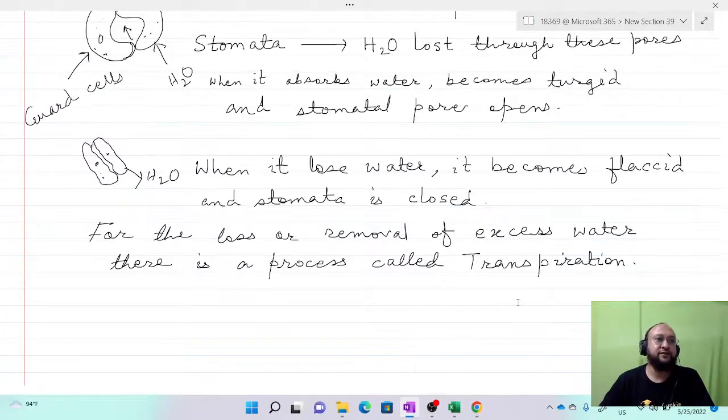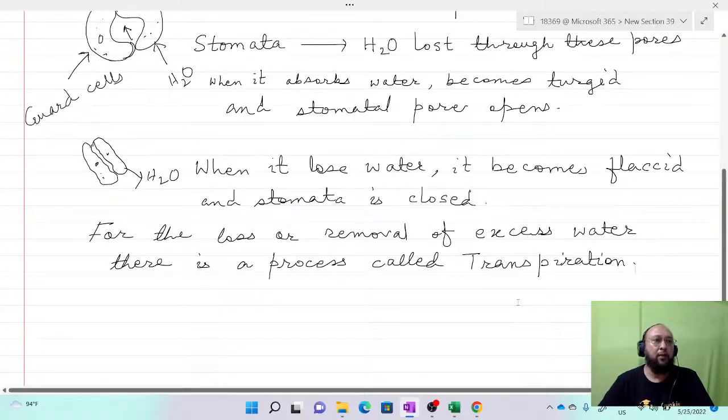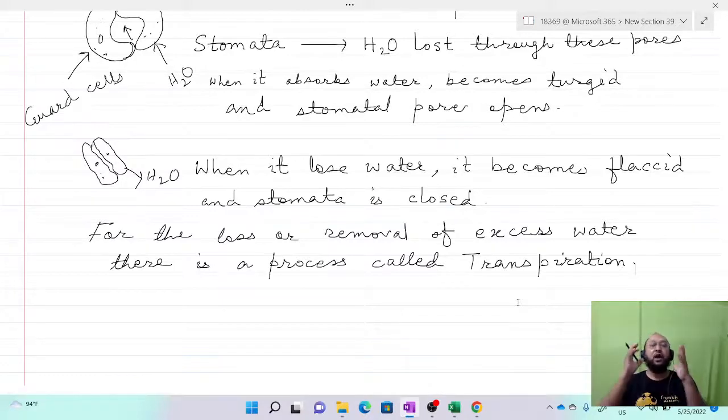Now what happens? Other than this gaseous and water metabolic waste, plants also generate organic byproducts. So this is an important point now. We are talking about the waste that is produced during photosynthesis and during respiration.